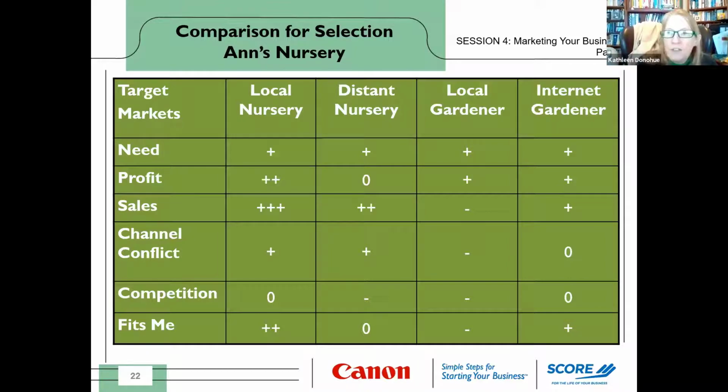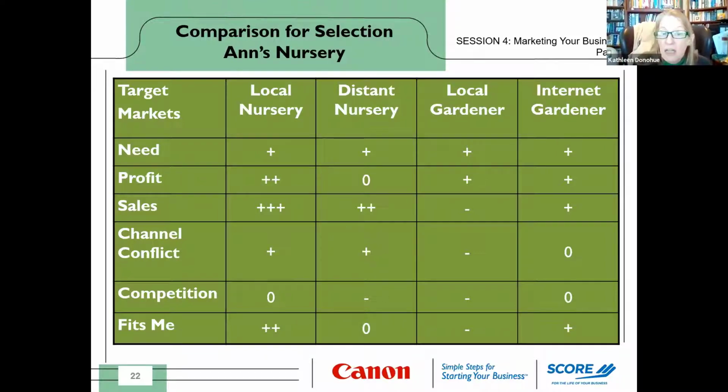So how am I going to rank myself in my ability to do all of these things? When Anne did hers, what she recognized is that local gardeners, in other words, doing her own retail sales to people in her area who would just come in and buy a couple of plants to put in their gardens, she didn't feel like she had a lot of strength there.